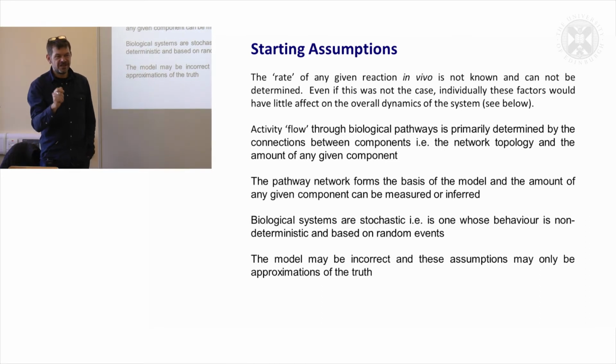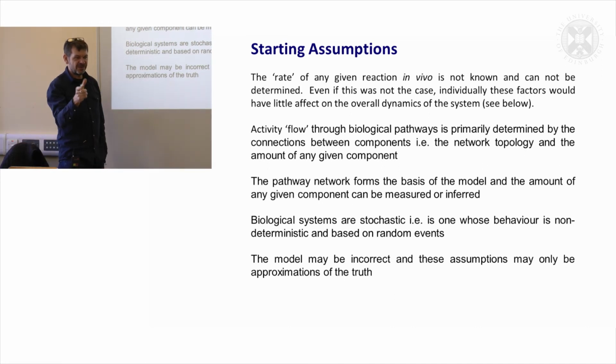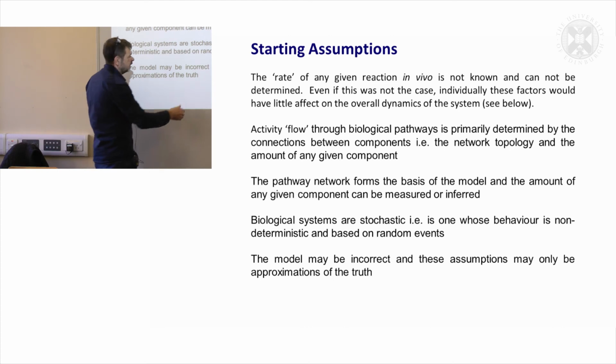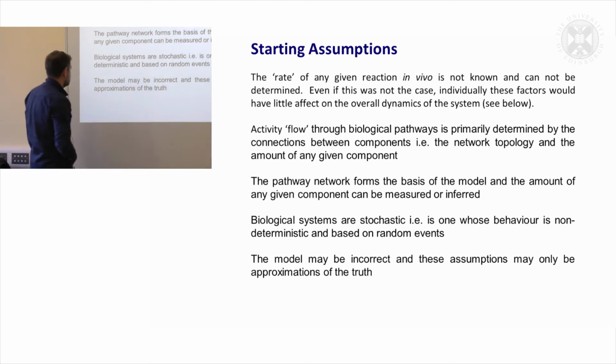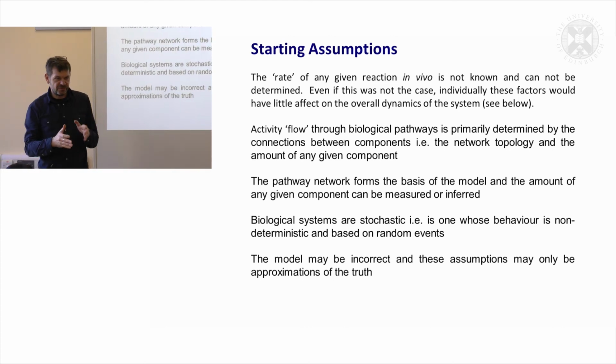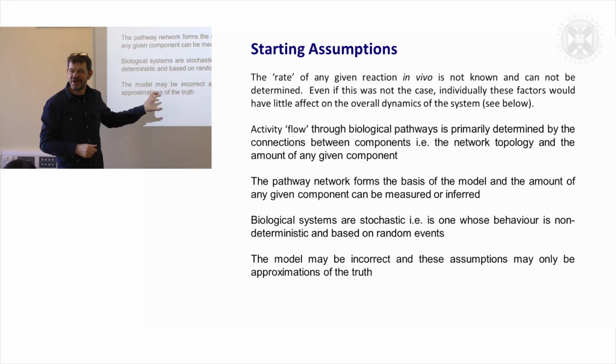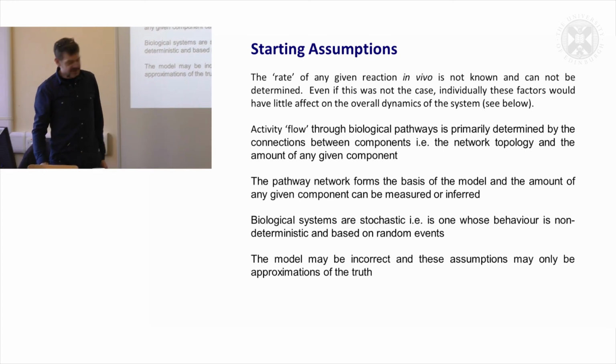There's an old saying that all models are wrong, but some are quite useful. A model is a model, it isn't reality, it is a construction that we have made, and we should never forget that what we're representing is a model. And these assumptions may only be approximations of the truth. So that's our caveat, that's our get out clause for anything that we might do now. This is just a model.